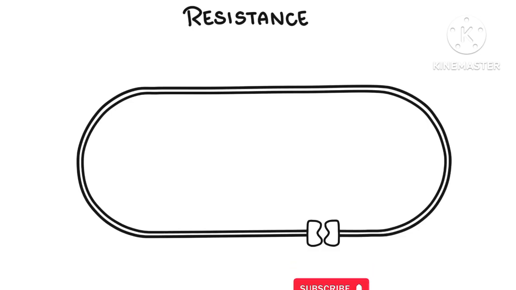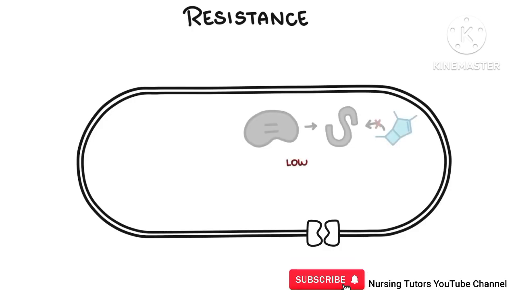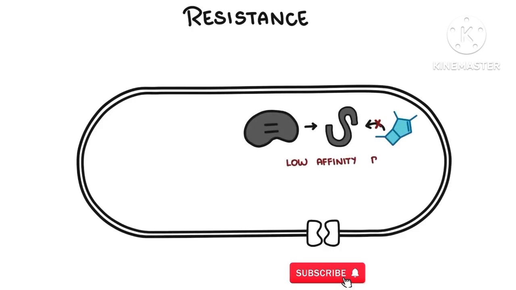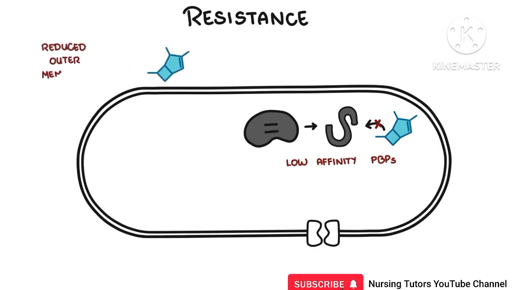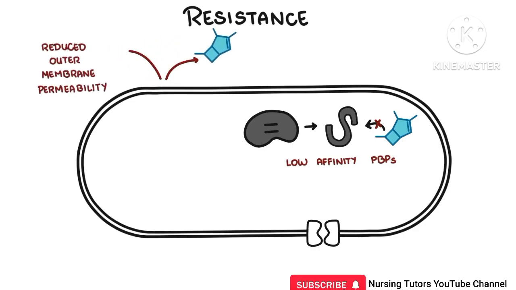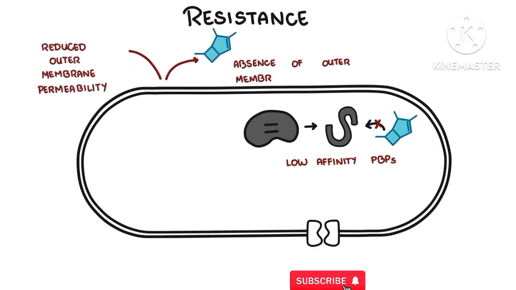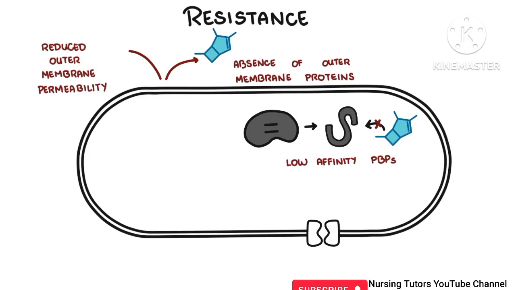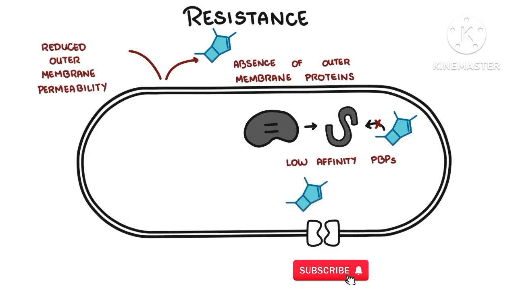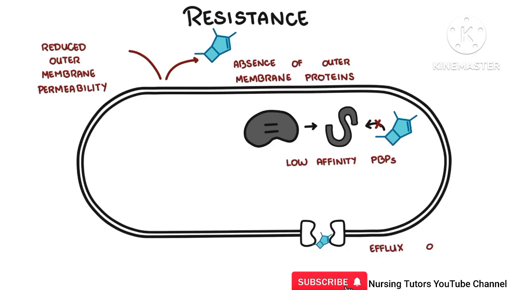So inside the bacterial cell walls, we have the penicillin binding proteins where these drugs can bind. Sometimes these bacteria mutate and reduce the membrane permeability. Therefore, the drug cannot enter to reach the penicillin binding proteins.